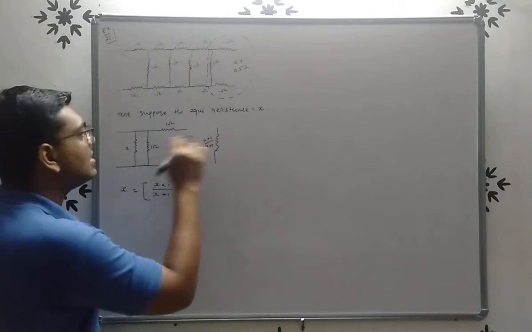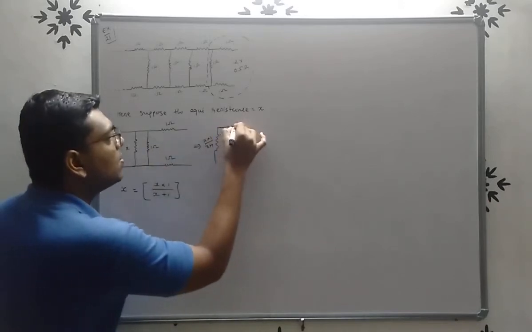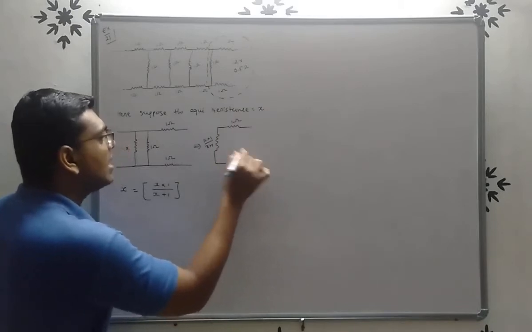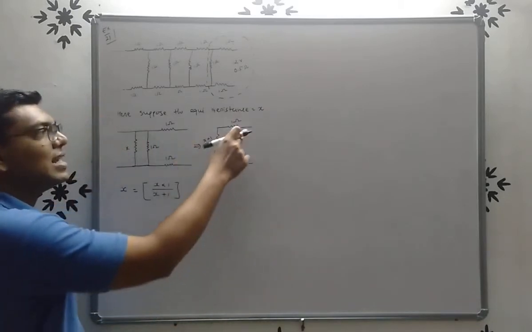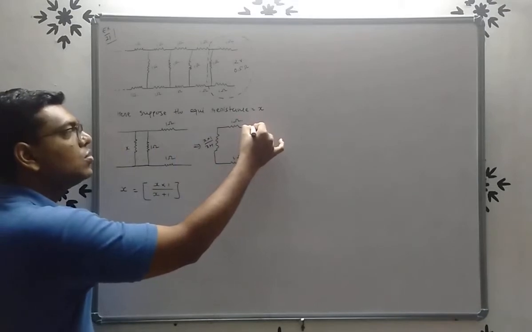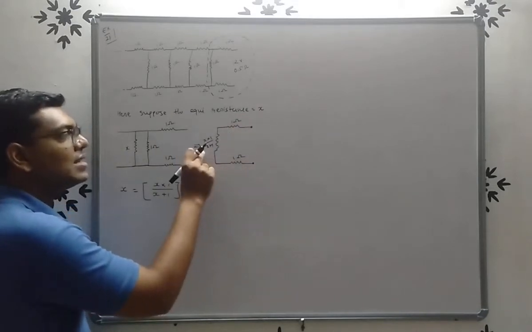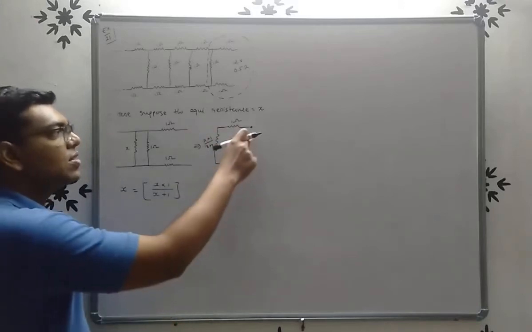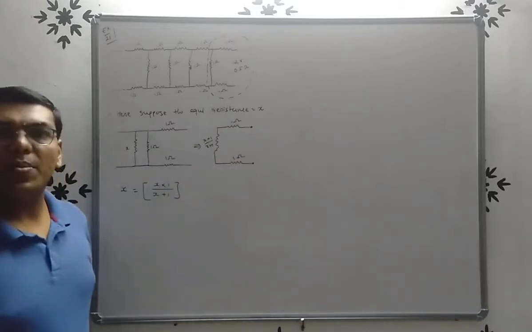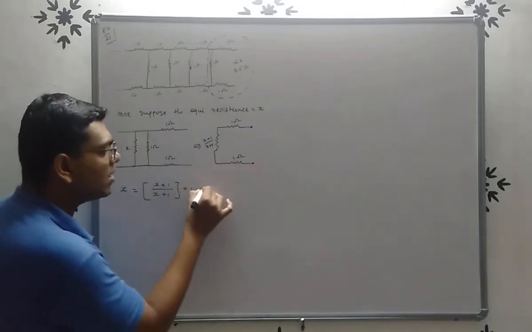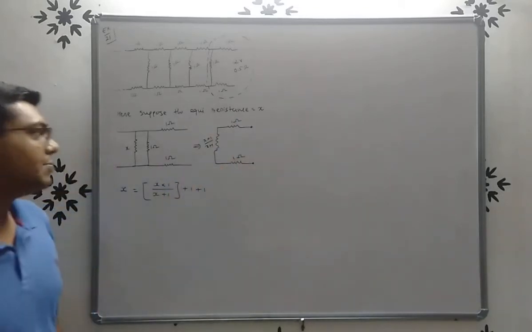And for this resistor, this 1 ohm resistance and this 1 ohm resistance are in series, right? We can see that here these two resistors of 1 ohm are in series with this resistor. So here there is a series combination. So here we add plus 1, right?